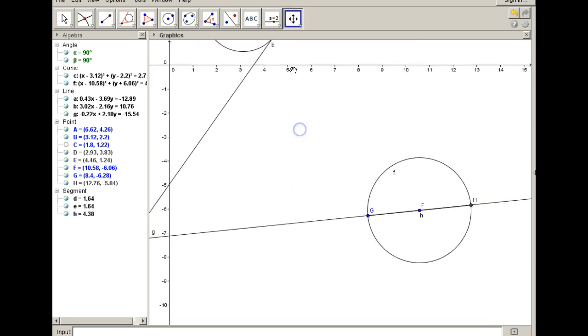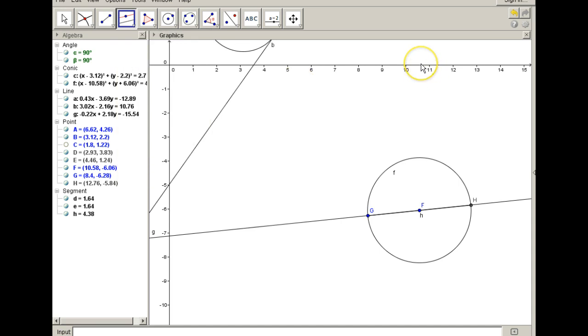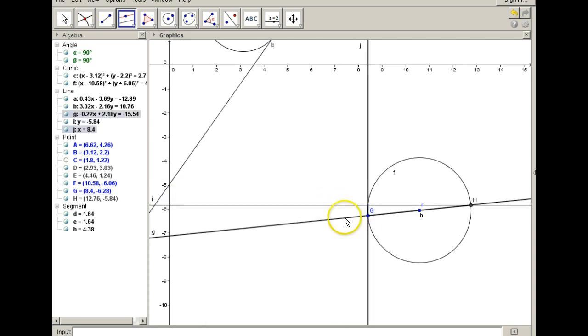Let's try and remember this. If I made a parallel line, parallel to the x-axis that went through H, and another parallel line parallel to the y-axis that went through G, and then I found the intersection point, it would always be on this circle.